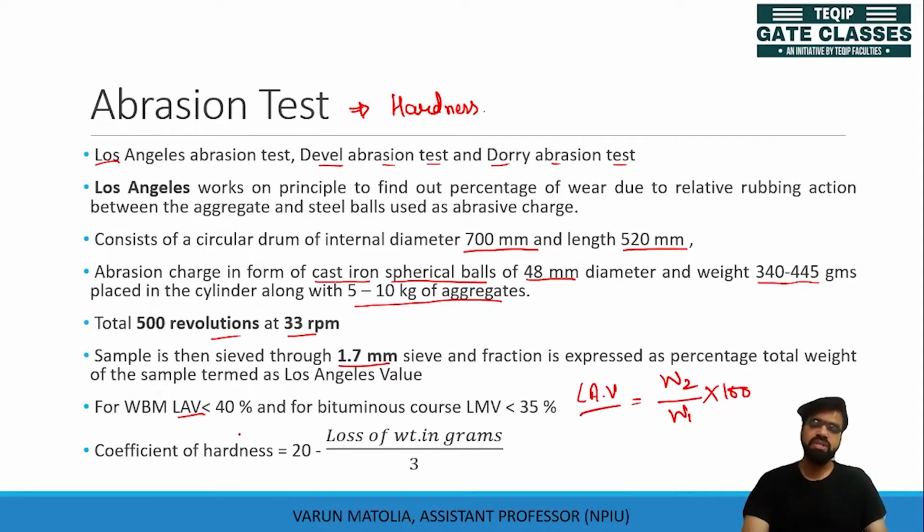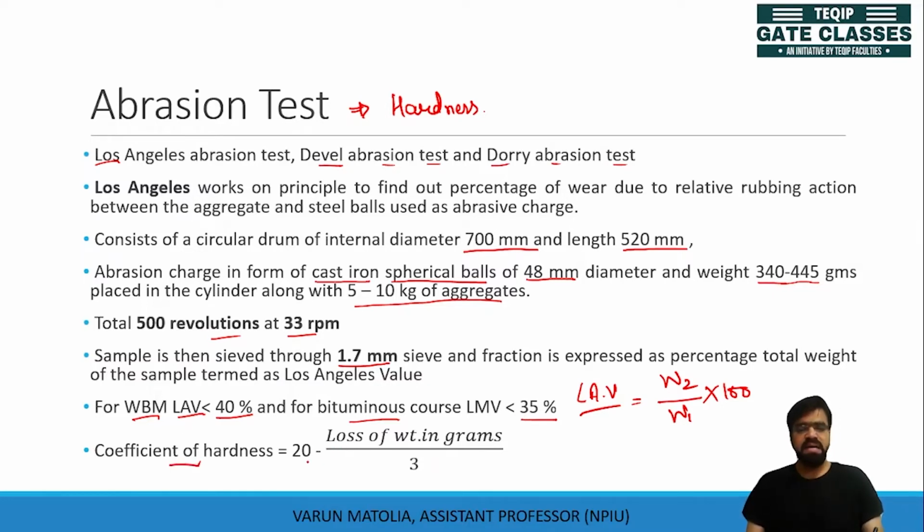This Los Angeles abrasion value should not be more than 40% for water-bound macadam and should not be more than 35% for bituminous courses, as the bituminous course is a surface layer. This surface layer should not have more wear and tear from the moving vehicles. Here, the coefficient of hardness is also calculated.